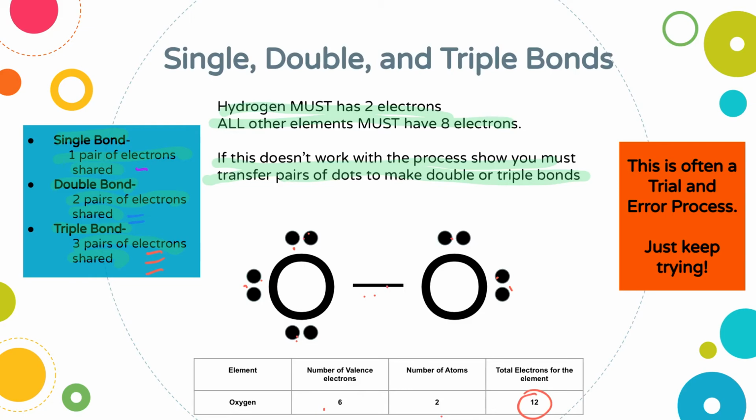So now we have to figure out how to give them a double bond. We can remove those 2 and double bond it here. Now this oxygen has 2, 4, 6, 8 and this oxygen has 2, 4, 6, 8, so they are both happy and content with their 8 electrons around them.